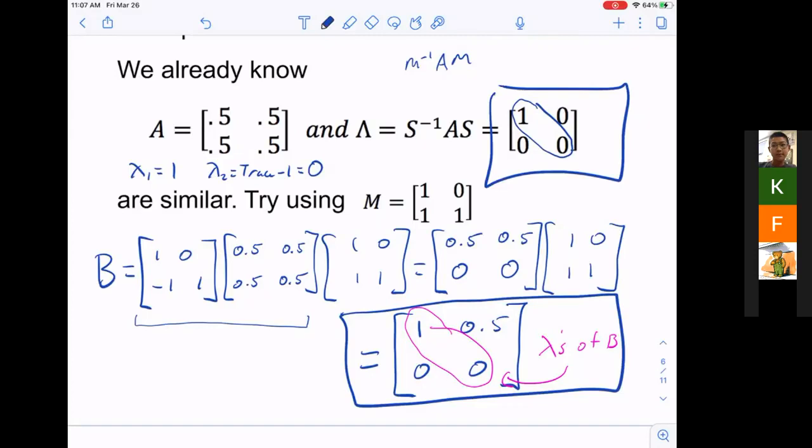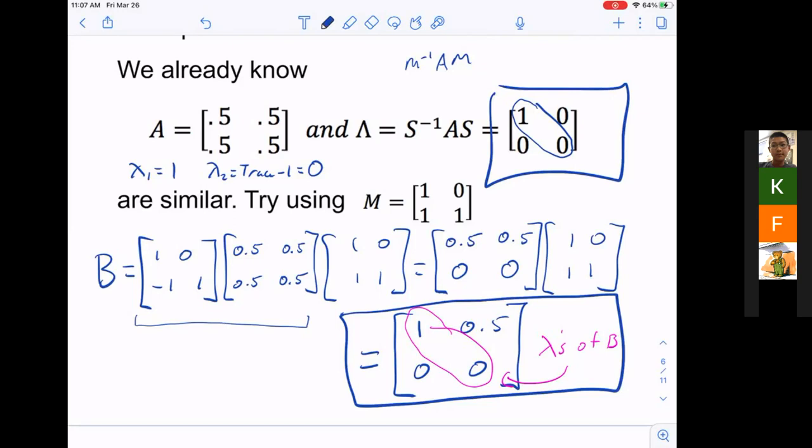Null space, same idea. The null space of B is basically going to be, what is that? (1/2, -1) would be your null space. The basis of lambda will be any multiple of (0, 1).